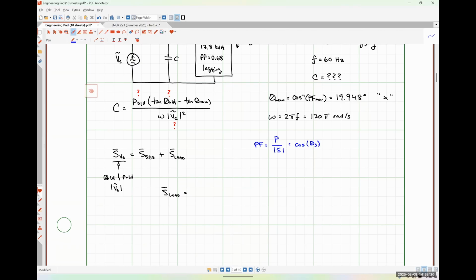So we already were told our apparent power, so we can literally just put that part in, right? So that's going to be 13.8 kVA. Well, how do we get the angle of our complex power? Well, that's just us figuring out what our power factor angle is. So I think that's going to be the inverse cosine of that 0.68.